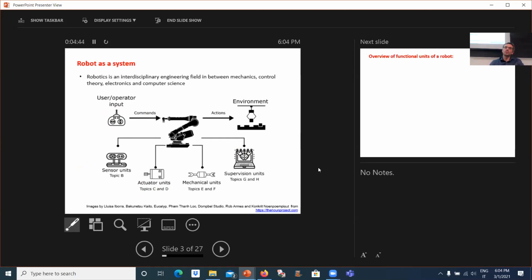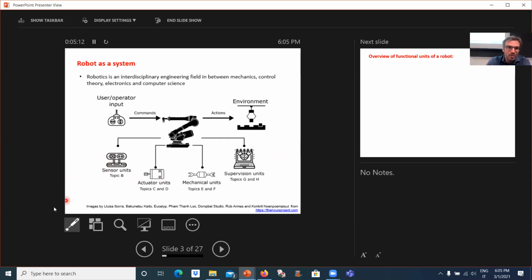And the robot needs to autonomously work out what to do, receiving the commands from the user and performing some action on the environment. If it is in contact with the environment, it needs to know what to do. For example, if it needs to pick up an egg or a very delicate object, it should be able to not apply too much force.